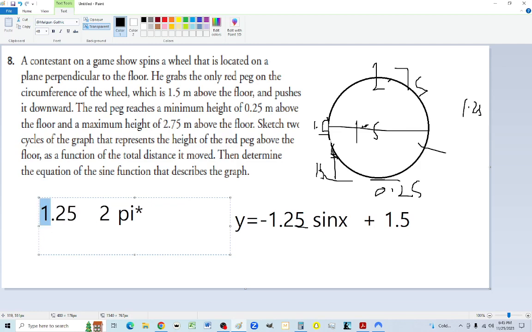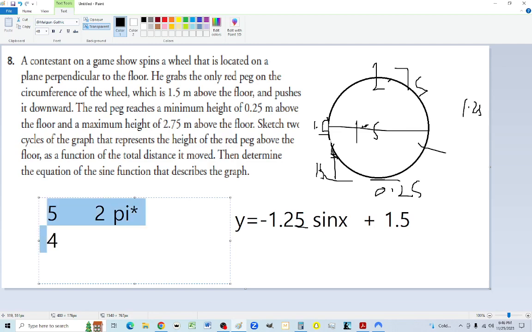If I multiply this by 5 up top, so this is over 1, and multiply it by 4 on the bottom, this becomes 5 over 4. So that's where they're getting it from. 1.25 is the same as 5 over 4. However, to change the period I don't multiply x by 5 over 4. I multiply it by 4 over 5. So they're essentially turning 1.25 into the fraction 4 over 5.